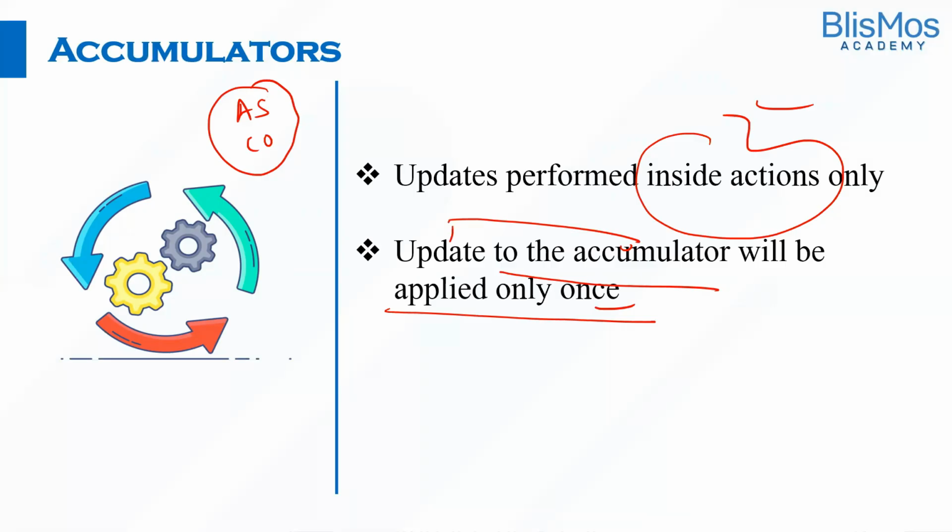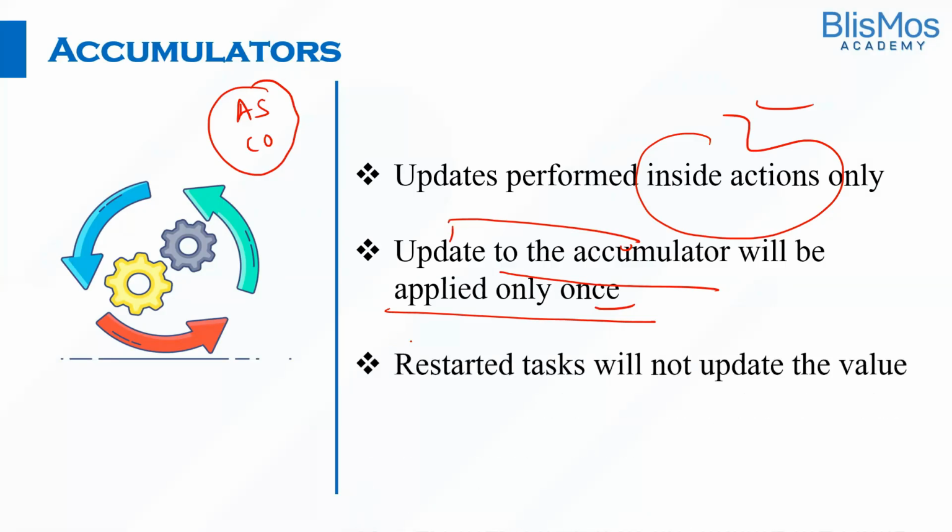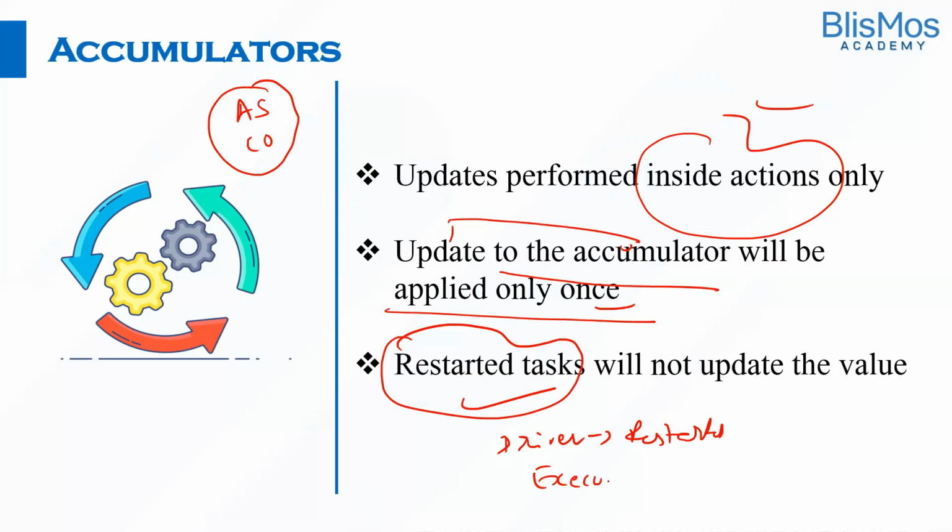Why is it important? That is because sometimes your tasks may be restarted, like if the driver is restarted, or even the executor is restarted. In that case, you should not get the update to the accumulator again.